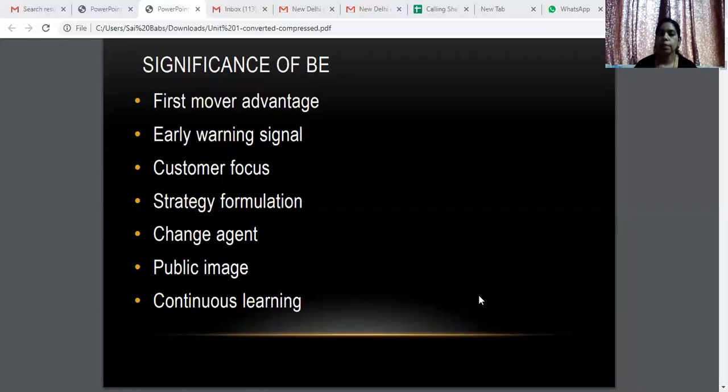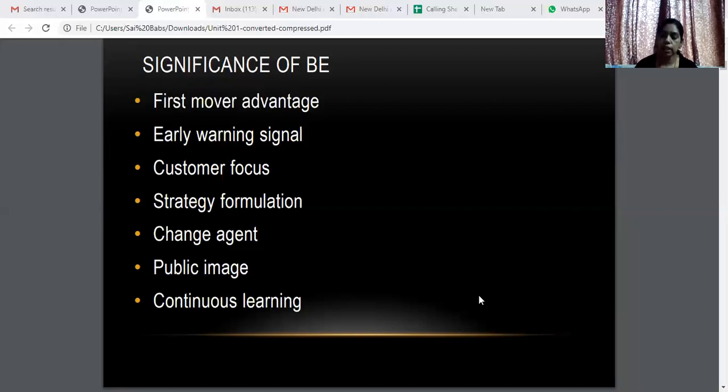Means if the demand is decreasing, maybe the reason is change in fashion, change in taste, so early warning signals can be read by the firm if they understand the environment and they can focus their customer if they understand the environment and they can draft any strategy in the best way if they understand the environment.